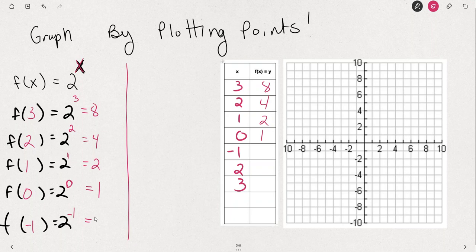Do you remember how to do this with a negative exponent? You write it as a reciprocal. So it's 1 over 2 to the 1, or just 1/2. F of negative 2 means 2 to the negative 2. So that's 1 over 2 squared, which is 1/4.